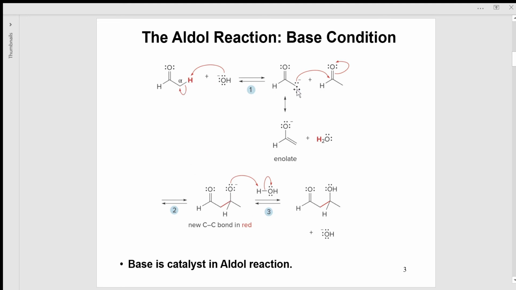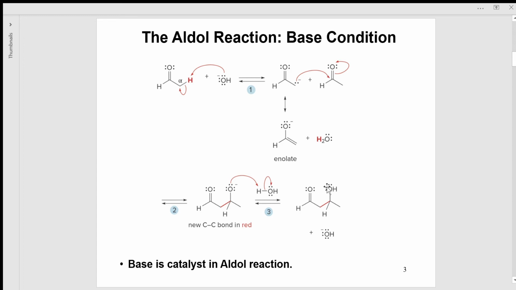Basically, we linked the two aldehyde molecules together. We have an enolate, and the enolate is formed from the carbonyl compound in the base condition. The next step is the protonation of this oxygen anion, either with water or with acid, to form the beta hydroxy carbonyl compound. This is a beta position.